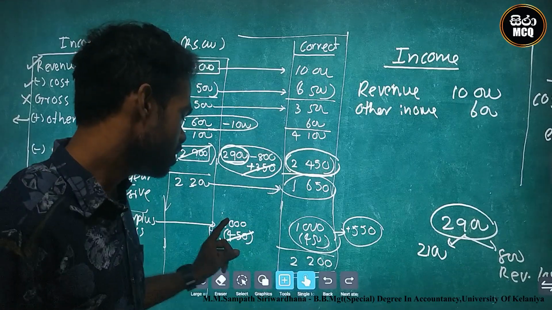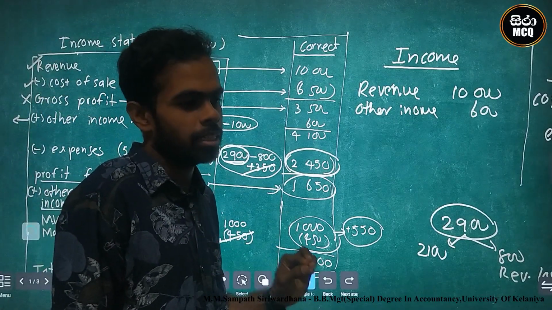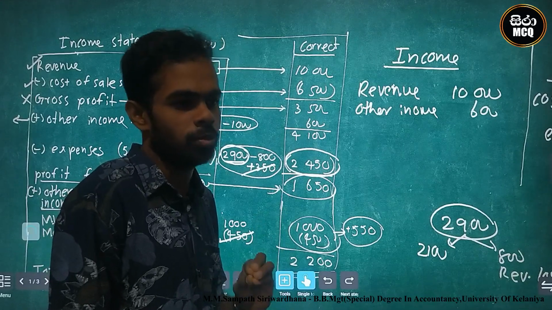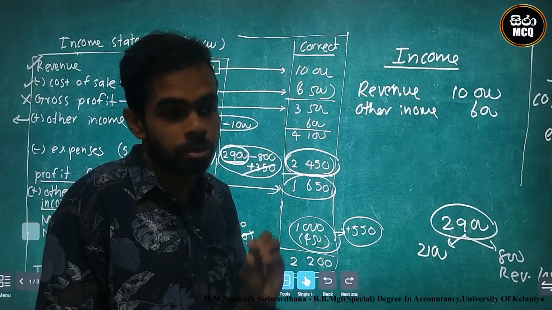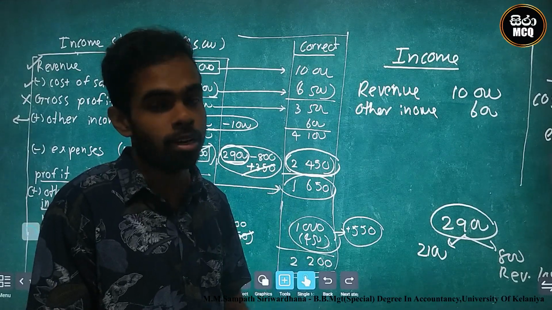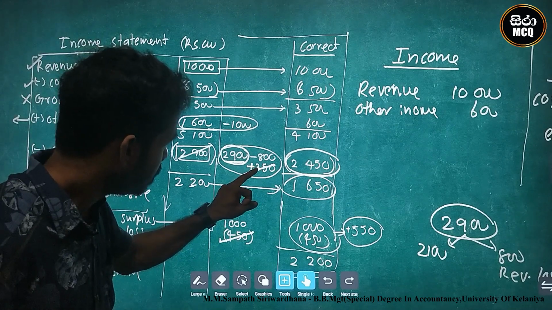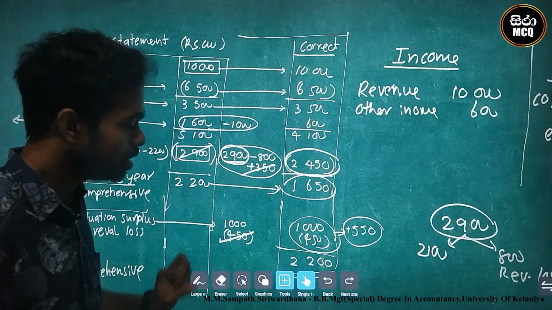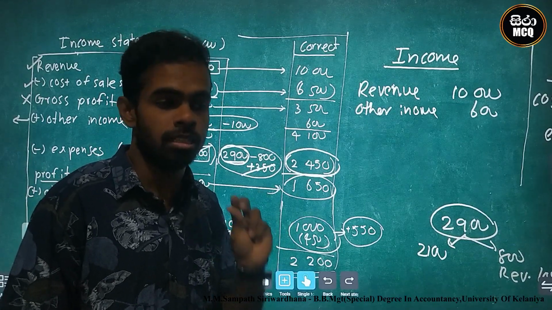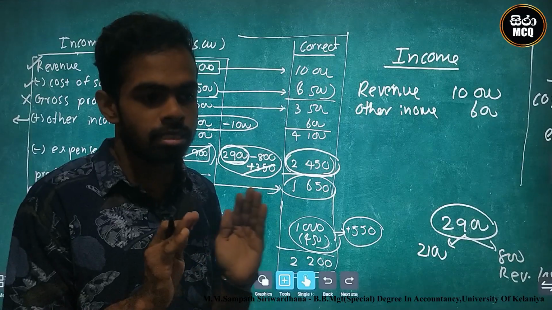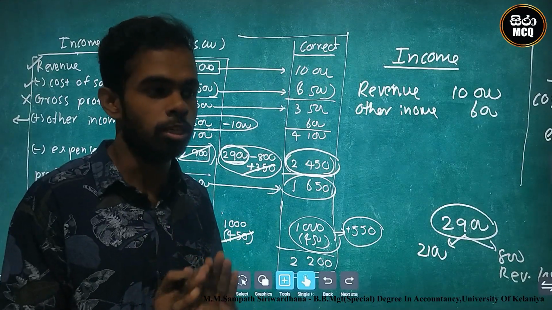Don't think about the past situation when identifying income and expenses. The locations vary based on the past situation, for example the 800 is located as 350 there and 450 there.